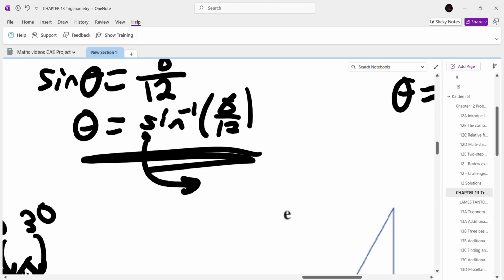Remember, you've got to specify it's in degrees. The inverse sine of 8 over 12 is approximately 41.8 degrees.